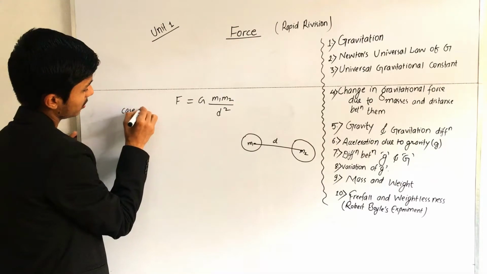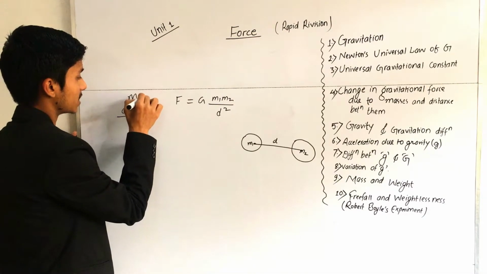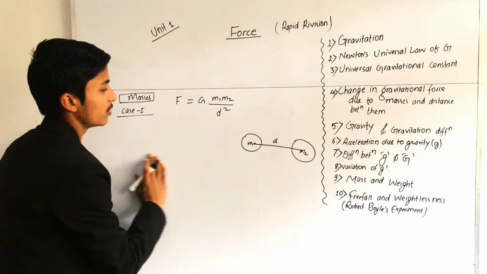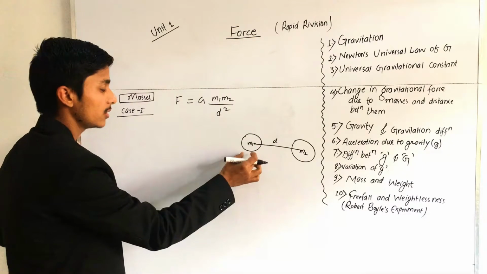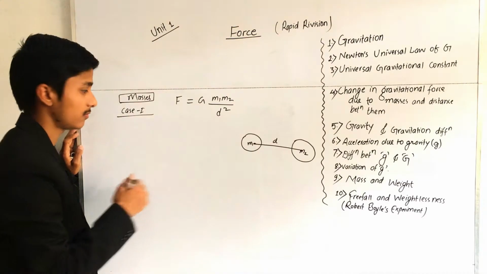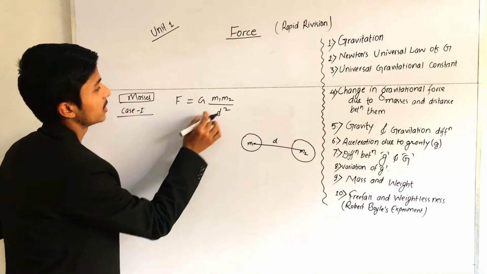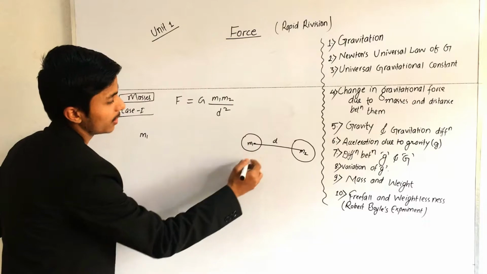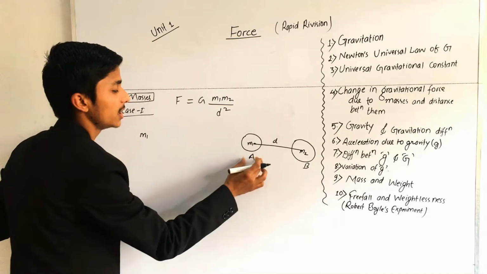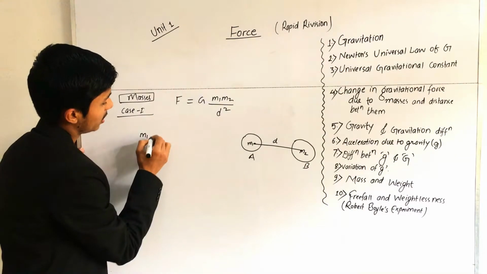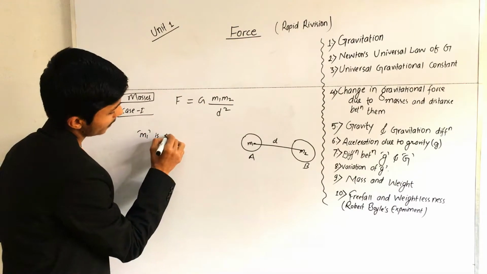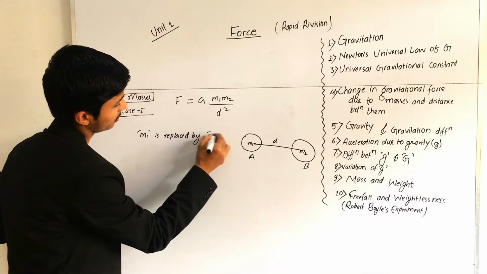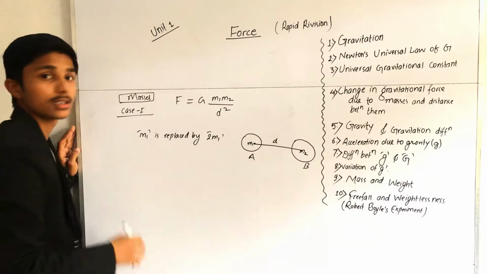Case 1, this is for masses, when variation in mass takes place. When mass of one body is doubled, suppose the mass of body A is doubled, then m1 is replaced by 2m1, because the mass is doubled.